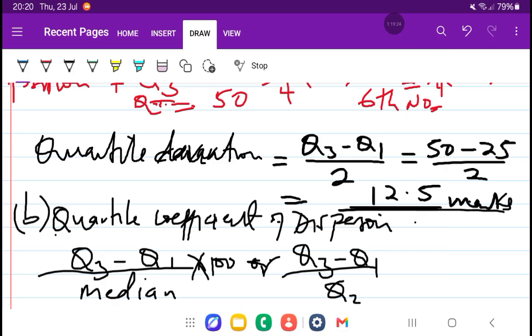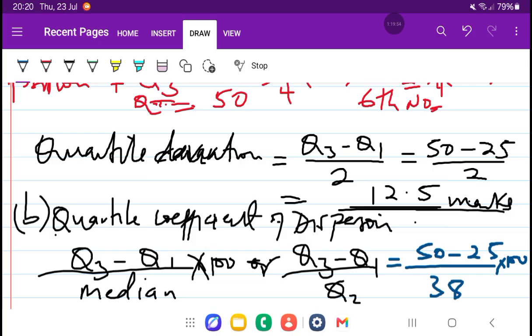So the Q3 was 50 minus 25 over, this is times 100. Now the median, of course, it is their half, 1 over 2. It is the fourth number, which was 38.